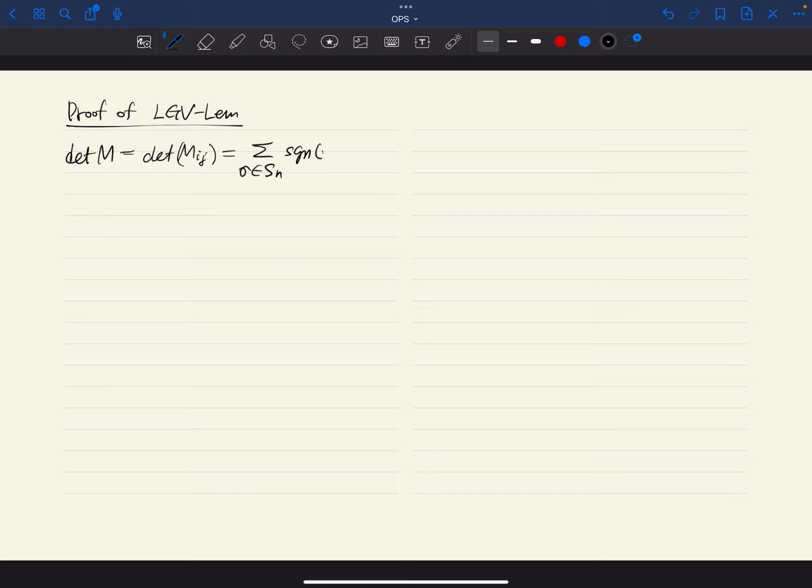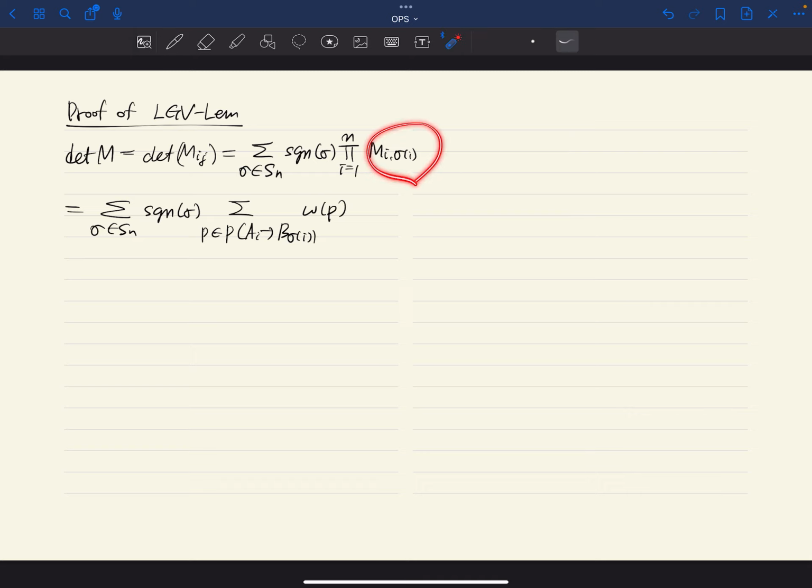You multiply the sign of the permutation and you multiply M_{i,sigma(i)} for all i from 1 to n. This is the definition of the determinant of a matrix. But we know by definition, we define this to be the generating function for all paths from A_i to B_sigma(i), the weight of p. Yeah, this was the definition of M_ij. M_ij is like that.